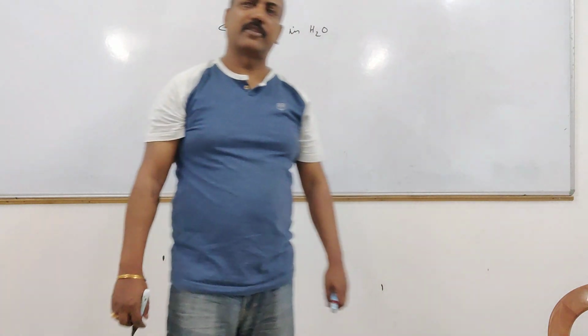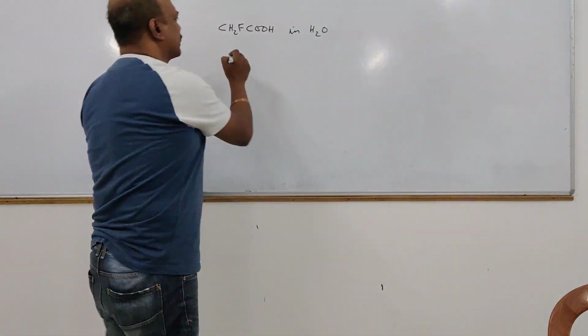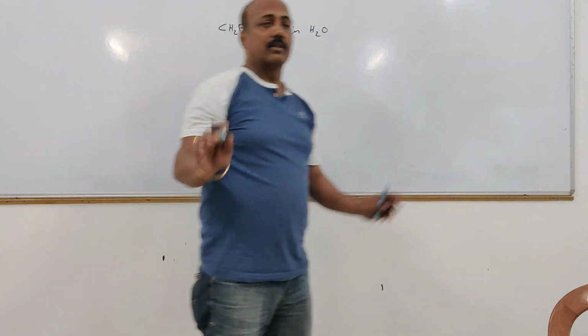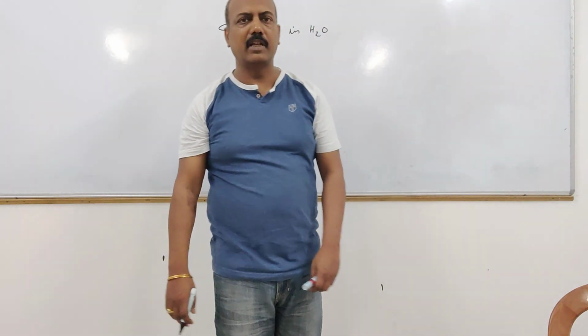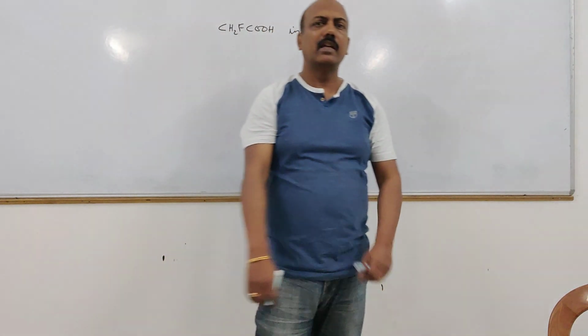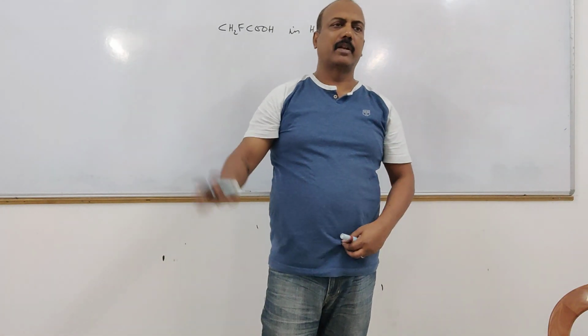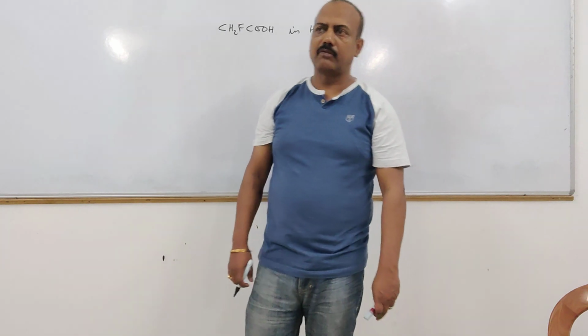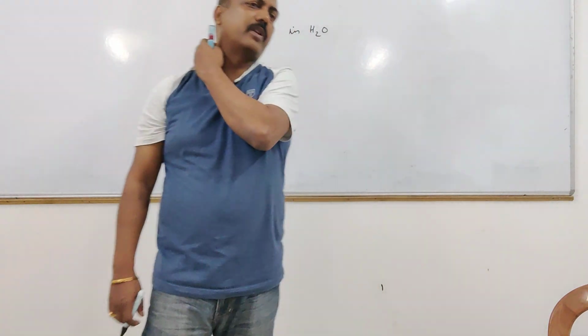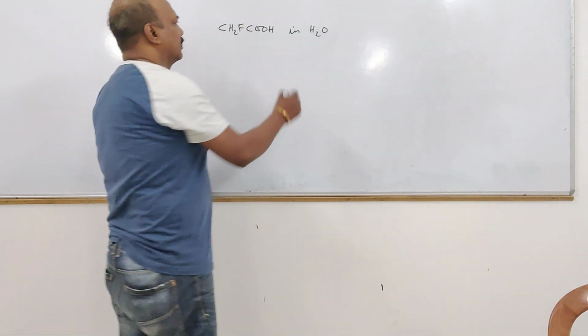Depression of freezing point, right? So what is the equation? And obviously it is not behaving normally, it is behaving abnormally. Association or dissociation? Dissociation. They mentioned it is undergoing dissociation, so the value of i should be greater than 1.